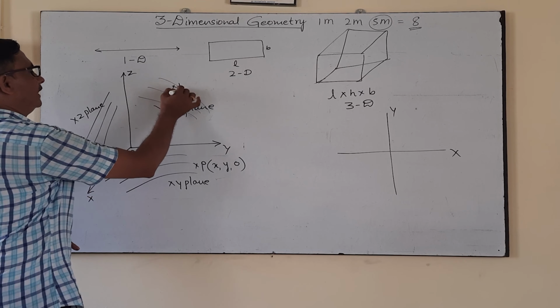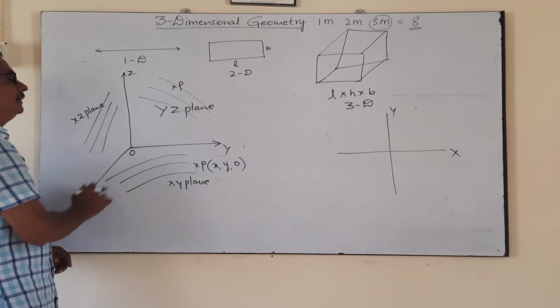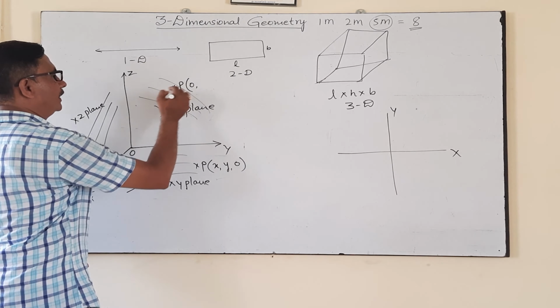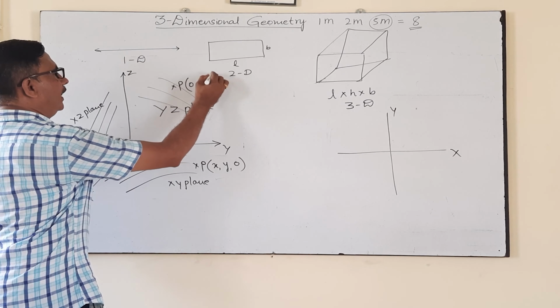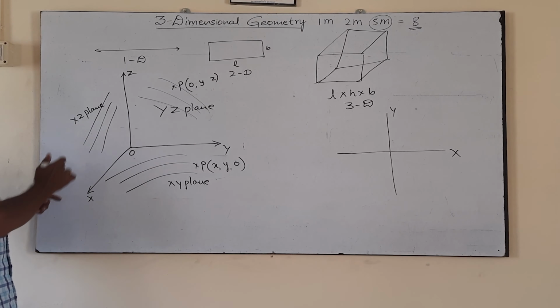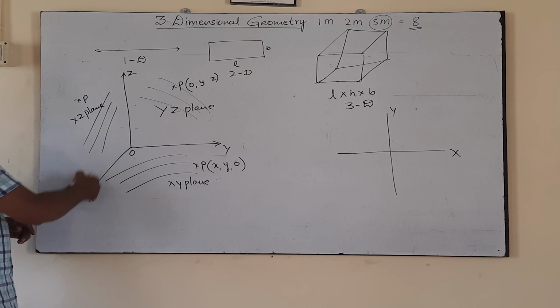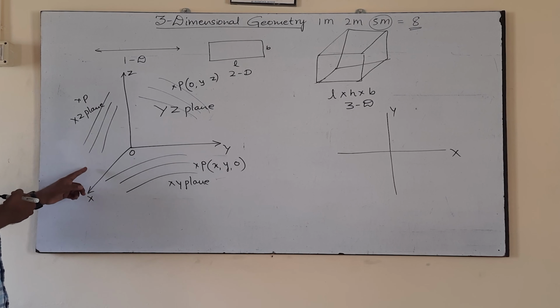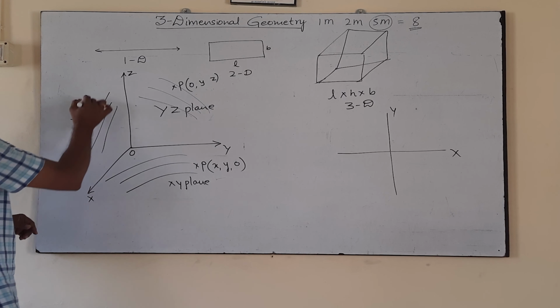Suppose the point P lies on yz plane, then the x coordinate is 0, so the coordinates of point P are 0, y, z. Whereas suppose the point P lies on xz plane, the y coordinate becomes 0, that is x, 0, z.